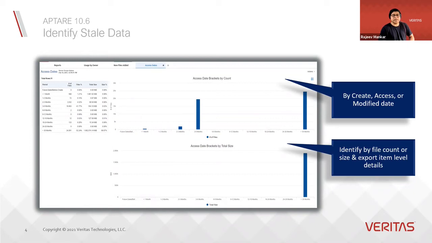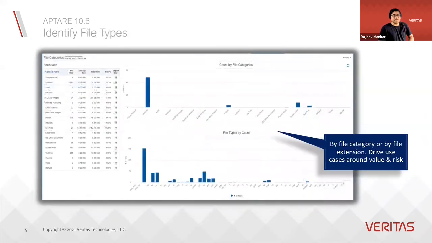Here you can see the file level details, like the creation time, the access time, and the modified time, which will help you to further solve use cases with respect to data protection, what files can be in the inclusion list or in the exclusion list. You can identify the file count or size, and you can also export the item level details.